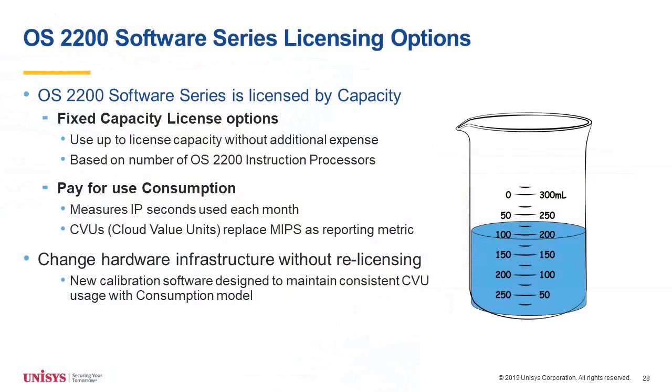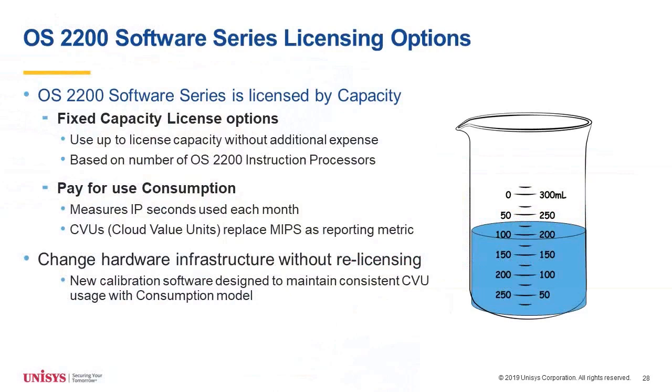Now, a little bit different with consumption is we're using a new terminology called CVU, Cloud Value Units, which replace MIPS as the reporting metric. Again, trying to gain insight as to a different way of measuring the workload. But as part of our licensing options, you can actually change the hardware infrastructure without relicensing.